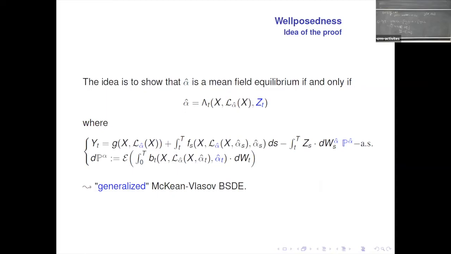So to solve it, in the strong formulation, when x is controlled, you have a forward-backward system here, and allowing the weak formulation only allows us to decouple the system. So we don't have a forward part here, given that it is fixed, but it doesn't really make the problem go away, because the law now changes. So it's still like a forward-backward system, so to speak, because the laws depend on the unknown.